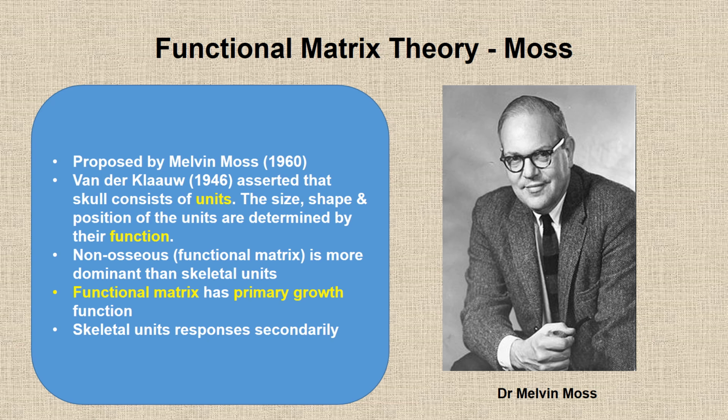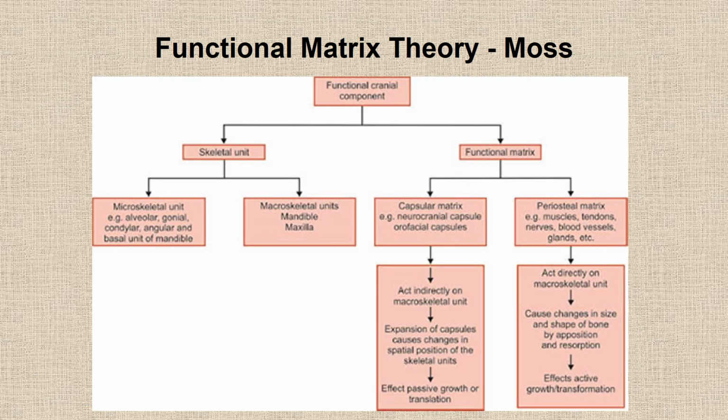Now, non-osseous or functional matrix is more dominant than the skeletal units. The functional matrix has the primary growth function. Now, the skeletal units are adaptive and they respond secondarily. They do not have intrinsic growth potential.